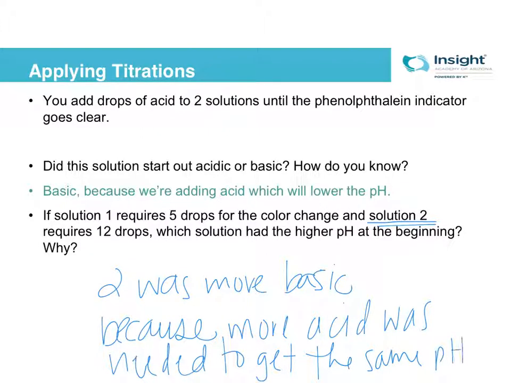It took 7 more drops of acid to get us to the color change. When we reach that color change, both solutions are at the same pH. The only difference is that solution 2 required more drops of acid to get there. So that means solution 2 had to have more base to begin with.